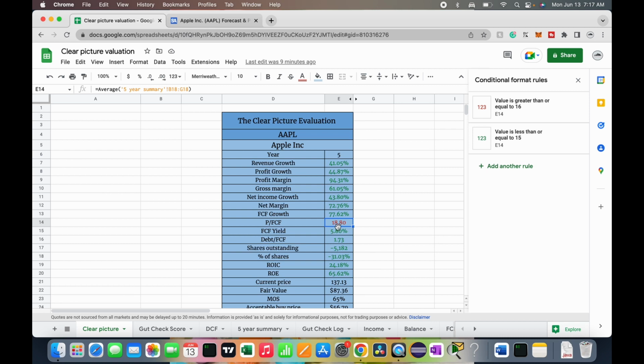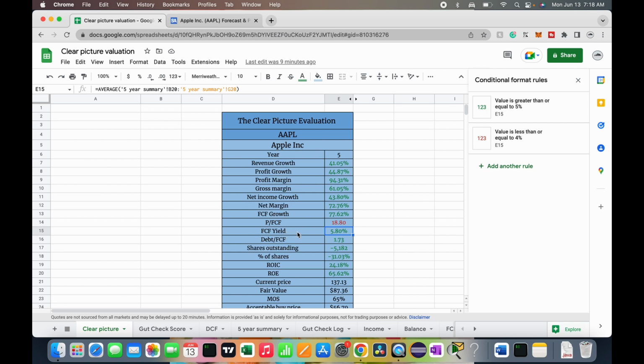But Apple's is a different story, because it's 18.8. I let it slide because it's close to 15 and is manageable. Free cash flow yield needs to be greater than or equal to 5%.